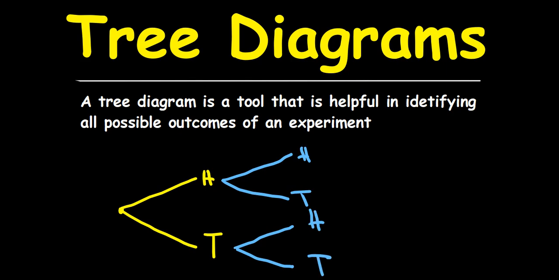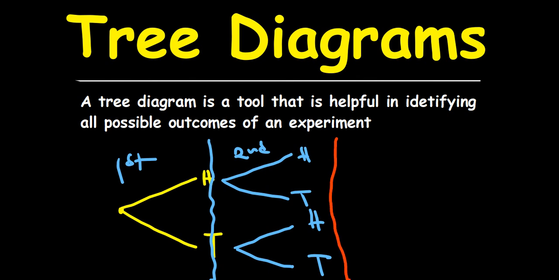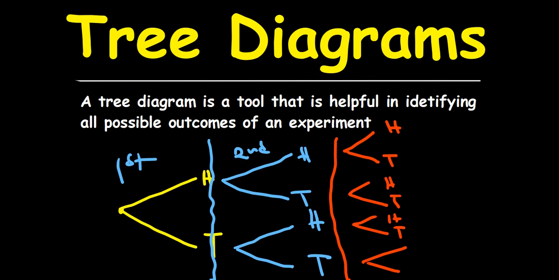So this here, we can divide it like that. This will be our first toss, and then our second toss, and then we can even add a third toss here in red. So this one that landed on head can go and become tail and head. Even this one here will still be tail and head. Even this one here, it will still be head and tail. Even this one that landed on tail here can go and land on what?